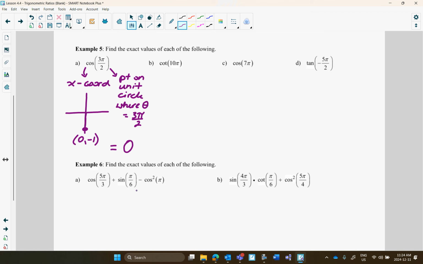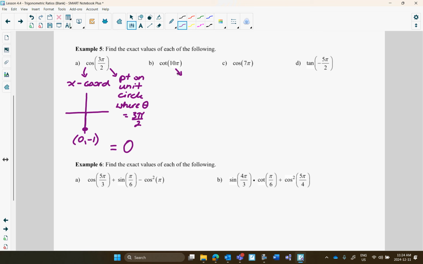In B, there are 2 problems. 1, it's cotangent, and 2, the angle's way too big. It's not on the unit circle. So let's deal with this first. How do I get to an angle on the unit circle? Minus 2 pi, until I get an angle on the unit circle.